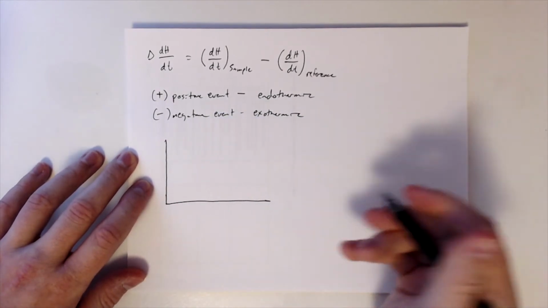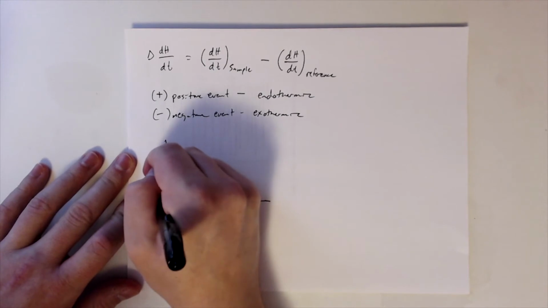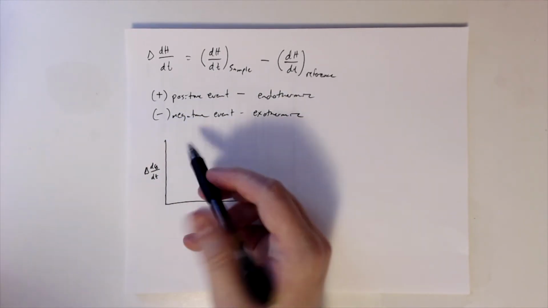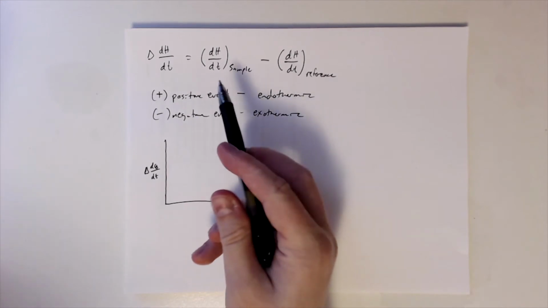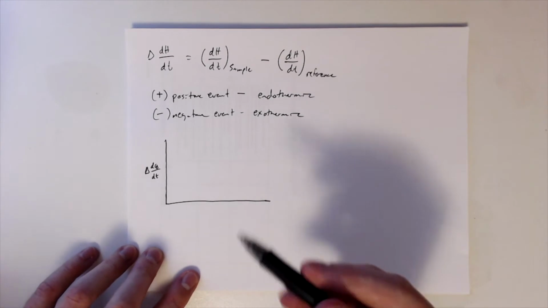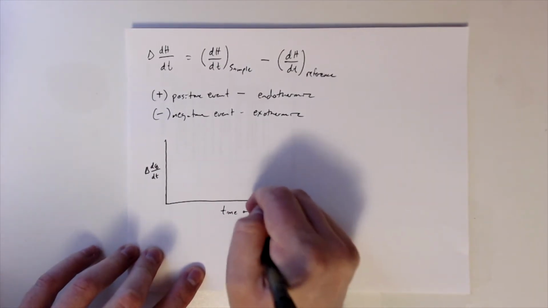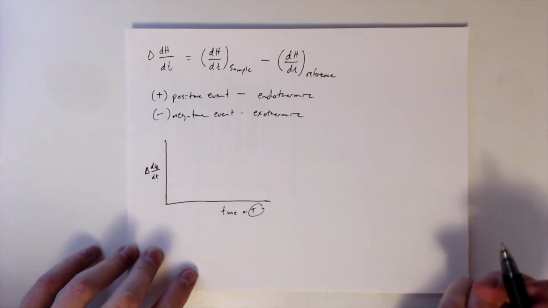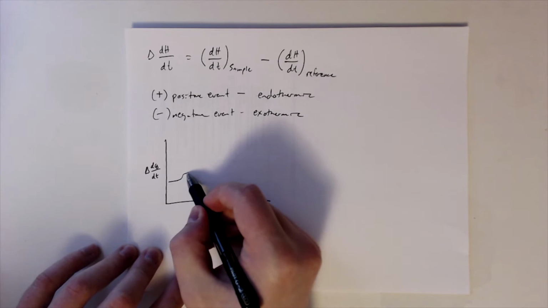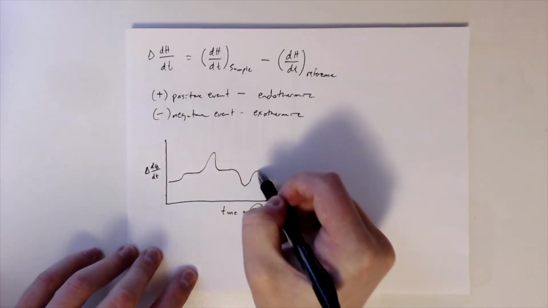So if I draw a standard curve, so this is the change in heat flow, or again, that's the same thing as enthalpy that we have defined up here, and this is a function of, it can either be time or temperature, but it's almost always temperature, then we might see a curve that looks like this.